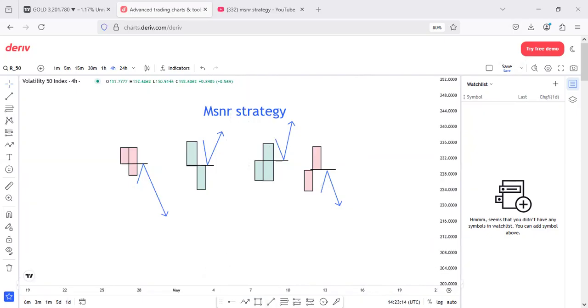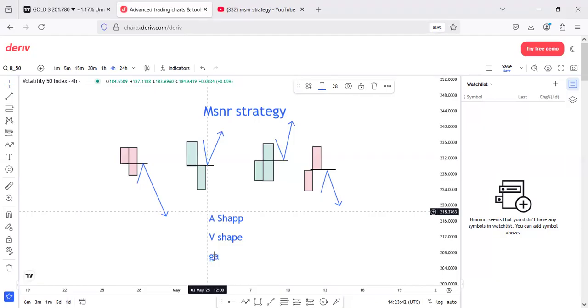We have three types of Malaysian SnR, which are your A shape, V shape, and your gap.